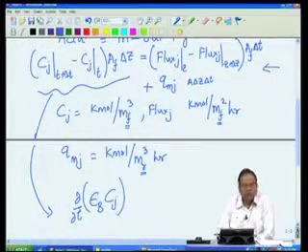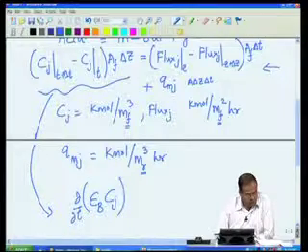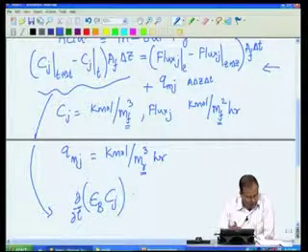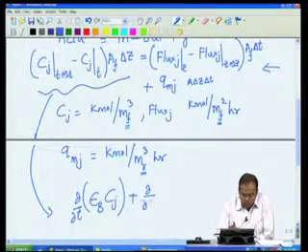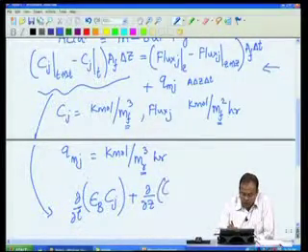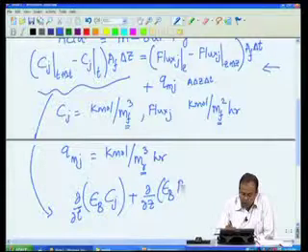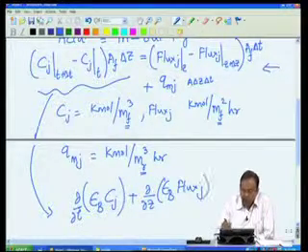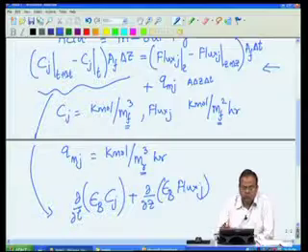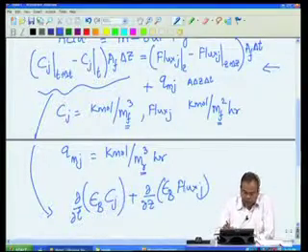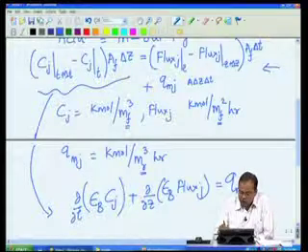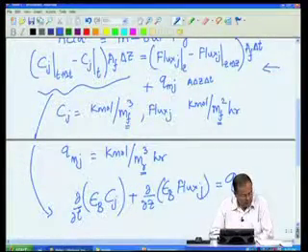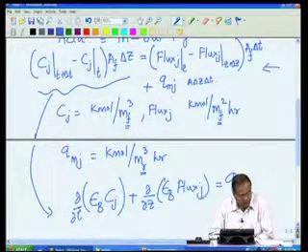So, that will represent my accumulation term, plus once again dou by dou Z of epsilon B into flux of J. If I take this term on the other side and use the appropriate unit, equal to Qmj. This is my mass balance.